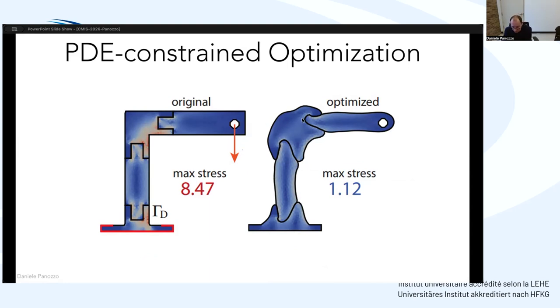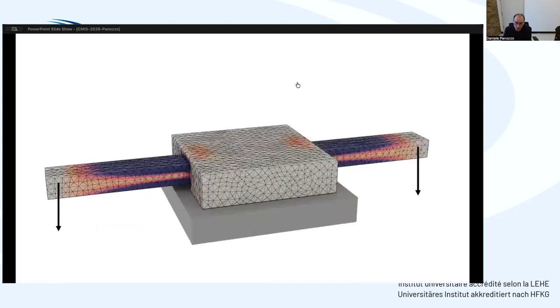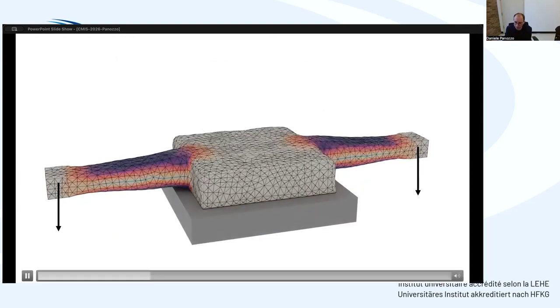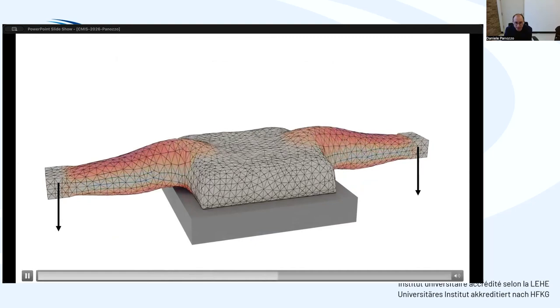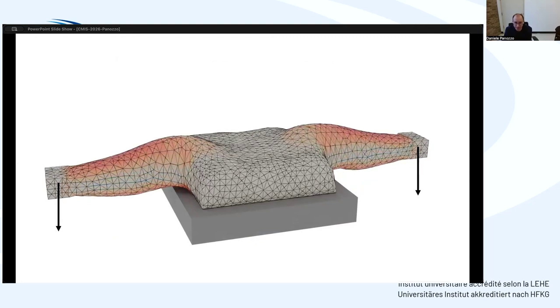This differentiability is done in an efficient way using an adjoint method, so it can be applied to very large scenes. The rule of thumb is that if we can forward simulate, we can also optimize. This is an example of an optimization in 3D.